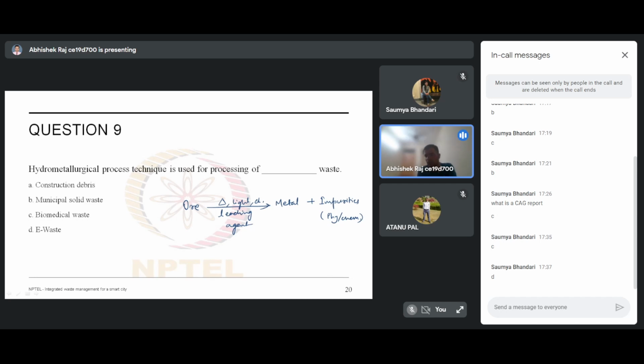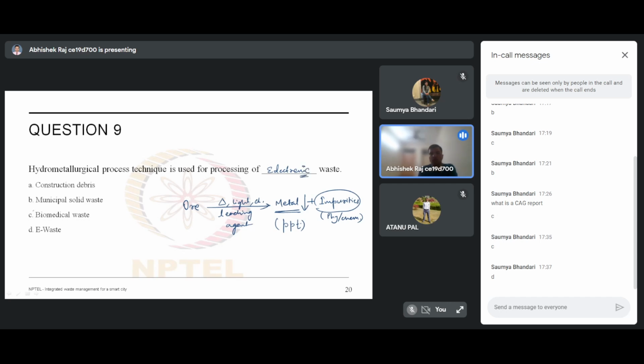In hydrometallurgy, the impurities will form a froth on the top of the liquid, and they can be removed from there. Since the metal is heavy, it deposits into the bottom of the container or the unit. So metal will be obtained as a precipitate. So it is used for the processing of electronic waste.